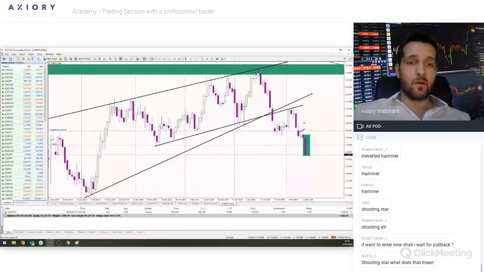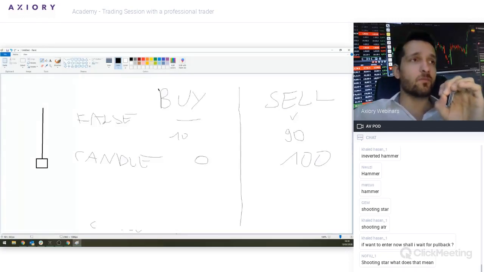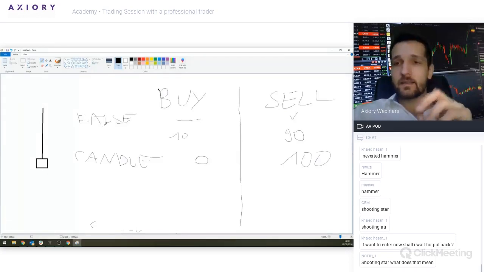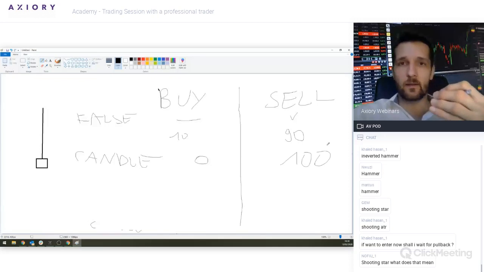This is why most of the traders did the same, estimated not the possibility but the probability of one movement. Because at the very beginning, the probability is 50-50. The price can go either up or down. But then you apply your analysis, which you learned in those 9 webinars, and you try to estimate the probability of one movement, buy or sell.